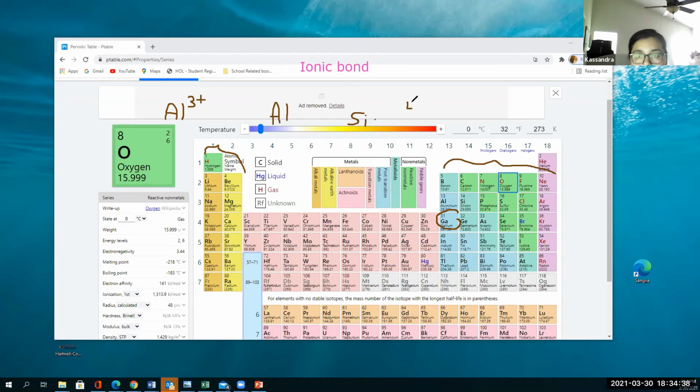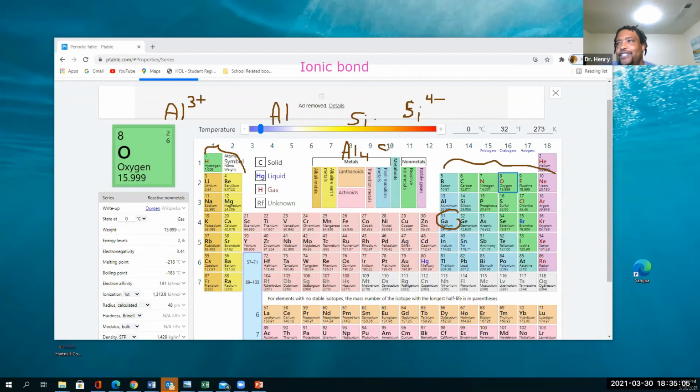That's right. So what is going to be our compound? Al4Si3. That is correct. Good job.